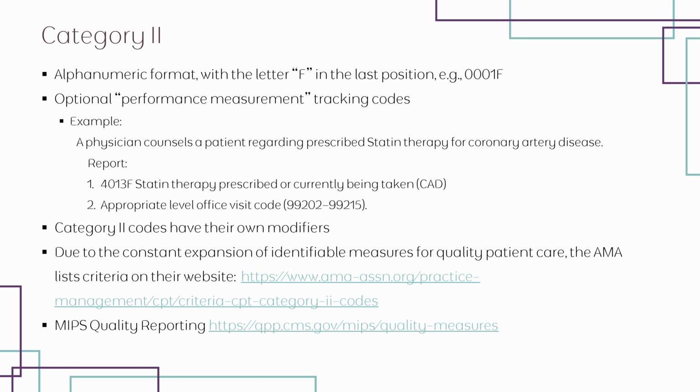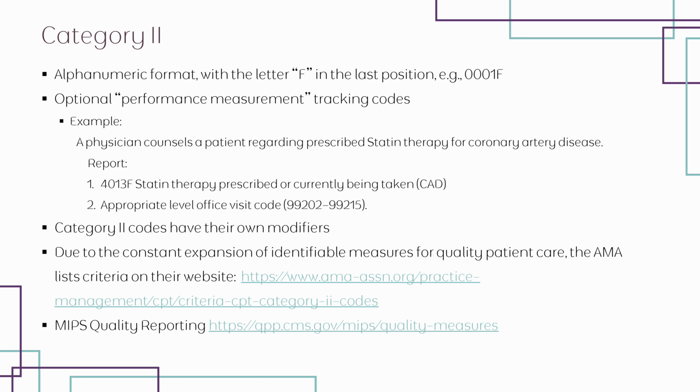section. These codes are designed to be reported in addition to your standard evaluation and management services or any clinical service within the CPT Category 1 that may apply to your patient encounter. Unlike Category 1 codes, which are mandatory for reporting and reimbursement, your Category 2 codes are completely optional.